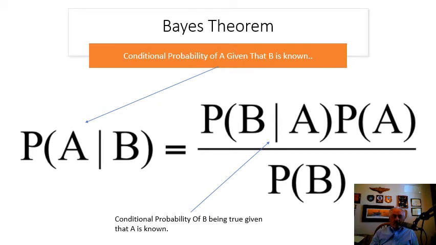And the way we can calculate that algorithmically is by looking at the probability of B having occurred, given that A has also occurred, times the probability that A has occurred, divided by the probability that B is known to exist.